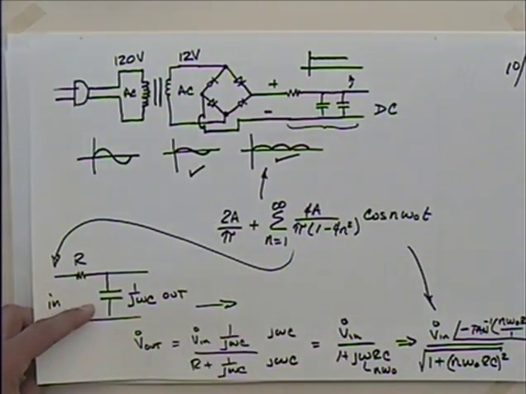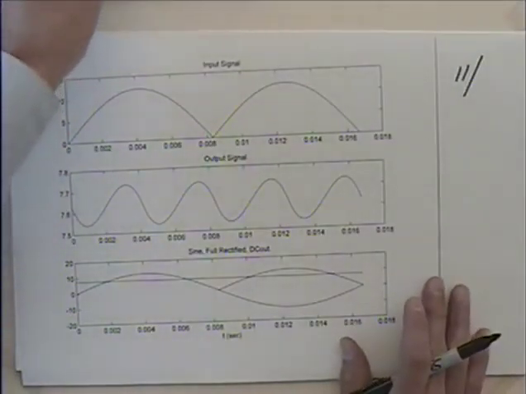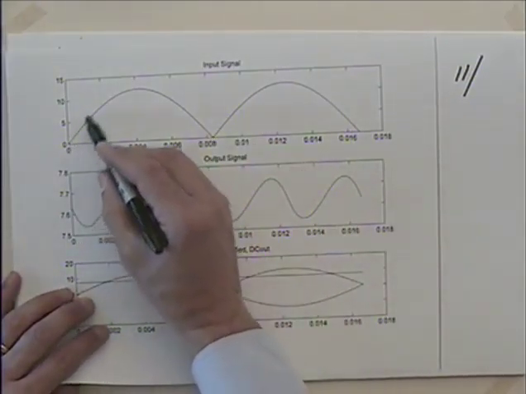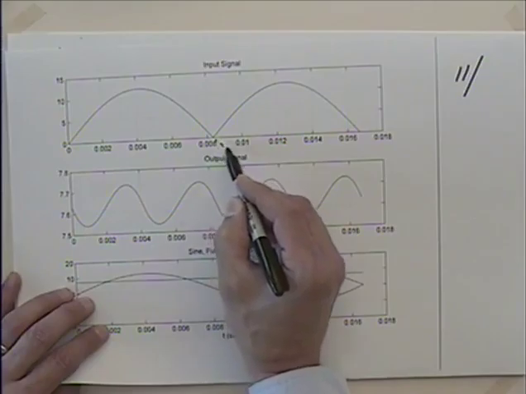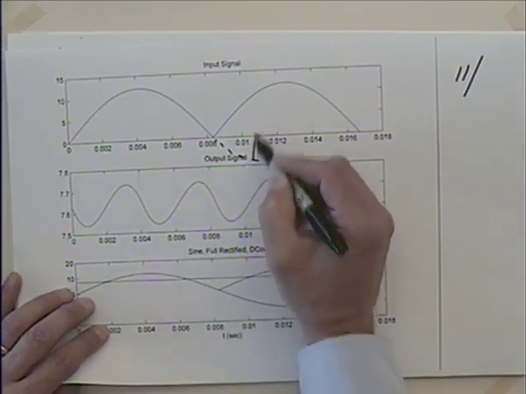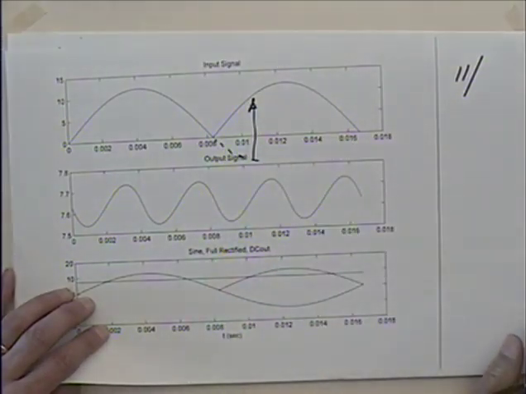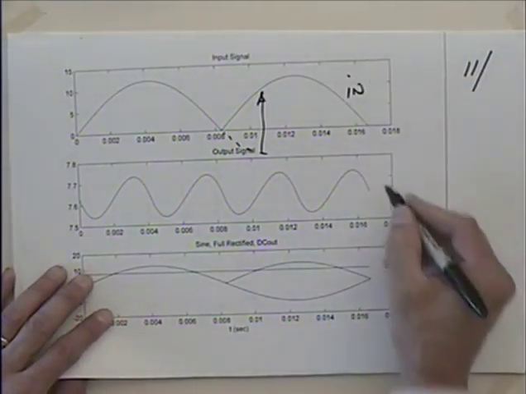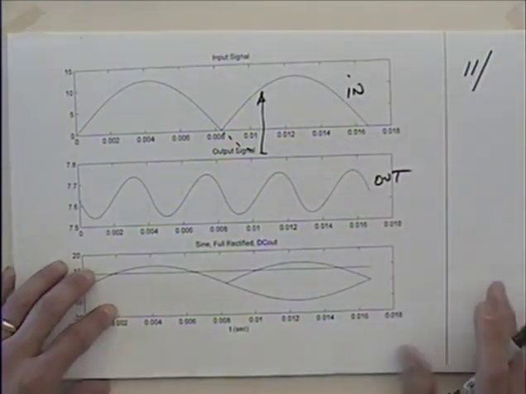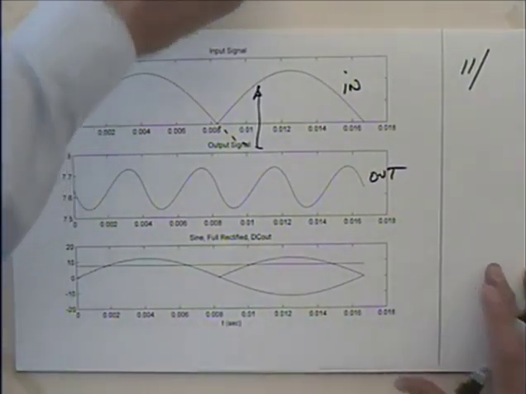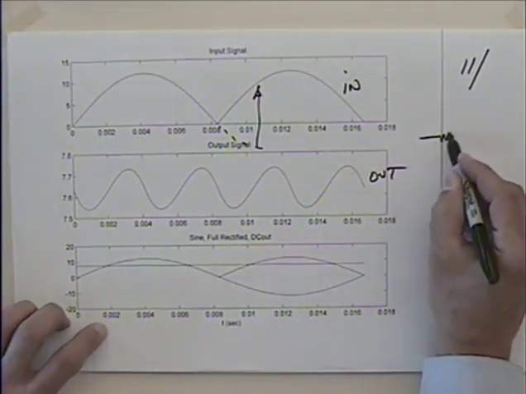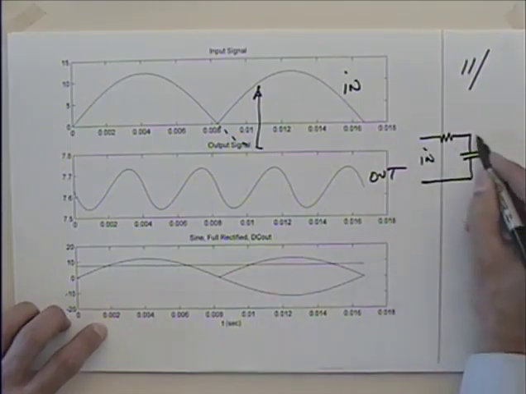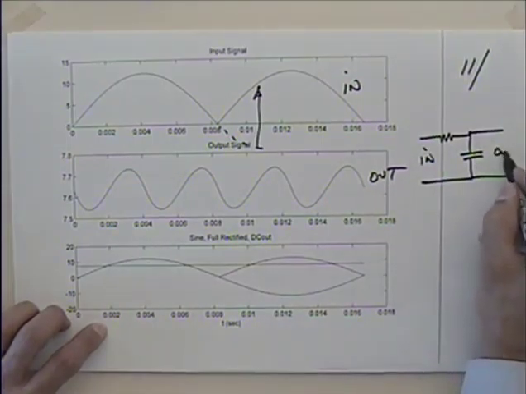So that's my AC input. And then we take this AC, and instead of coming down here, I flip this piece up here because it's fully rectified. So this is the in, and here's the out. Okay, that's what I'm getting out of this filter.